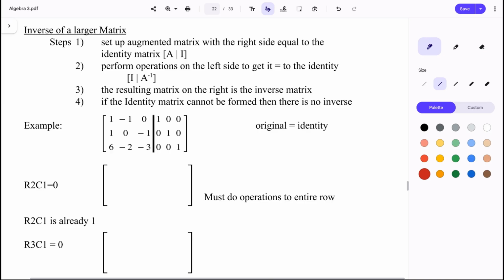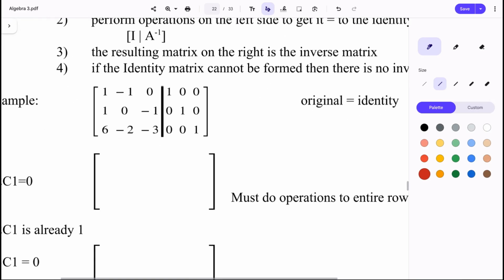So what we're going to do is set up an augmented matrix with the right side equal to the identity matrix. So you can see down here, all of these numbers on this side would come from some system of equations. So this would be like x minus a y plus a z, or sorry, no z there on that first one, and then so on. So they might already just give you the matrix there.